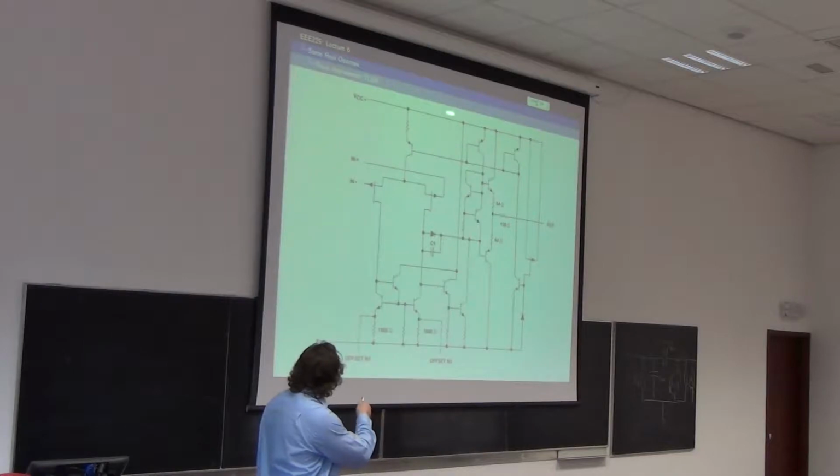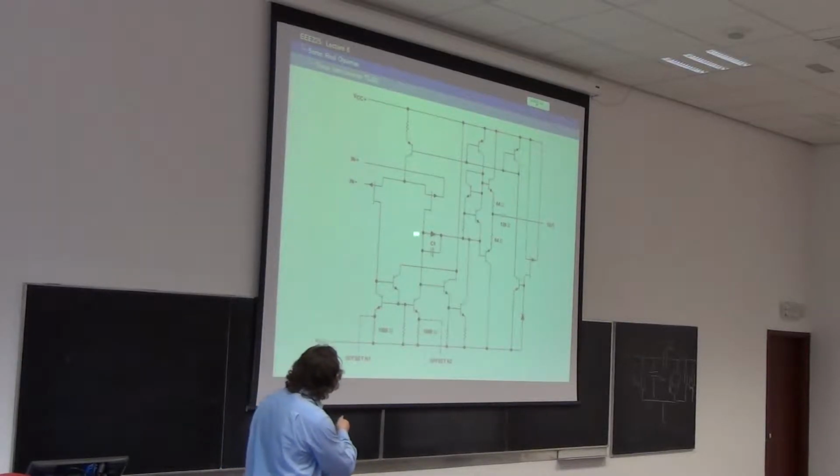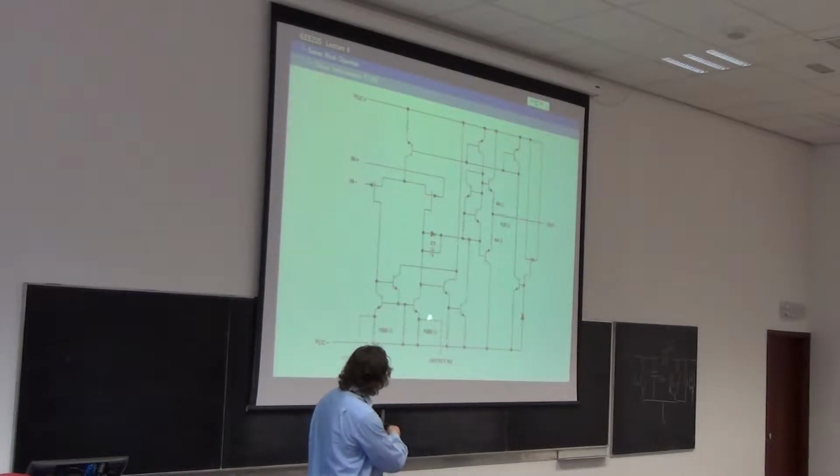So all this stuff is a current source, and it's one of these current sources where you can deal with the ratios, because really this is one part of the mirror, and these are the other 3 parts of the mirror. And we've got a differential amplifier here, and this is a current mirror.